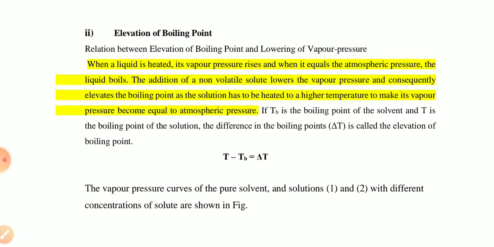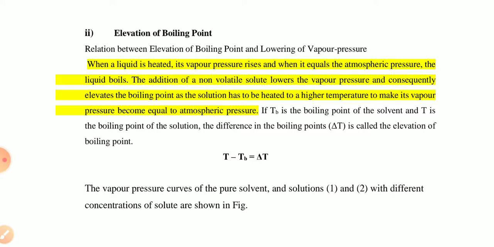So if Tb is the boiling point temperature of the solvent, and T is the boiling point temperature of the solution, the difference in the boiling points, del T, is called the elevation of boiling point, and the elevation of boiling point equals T minus Tb.